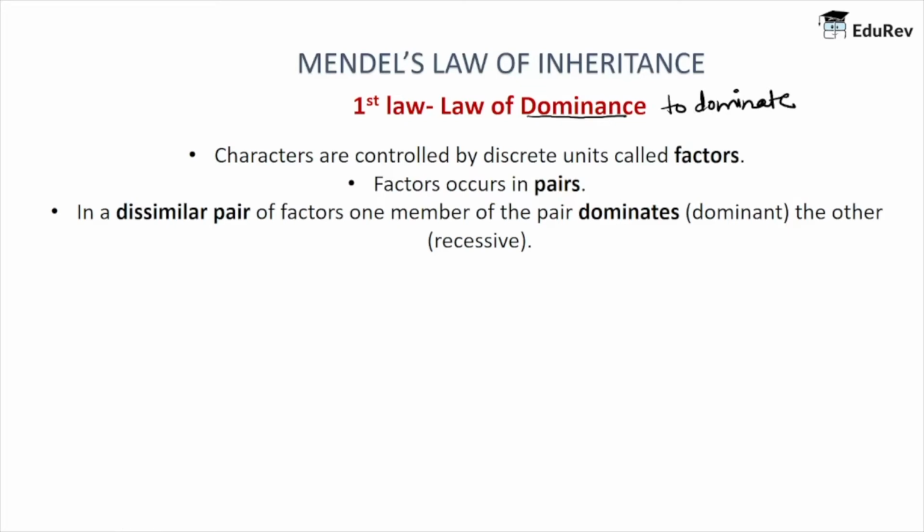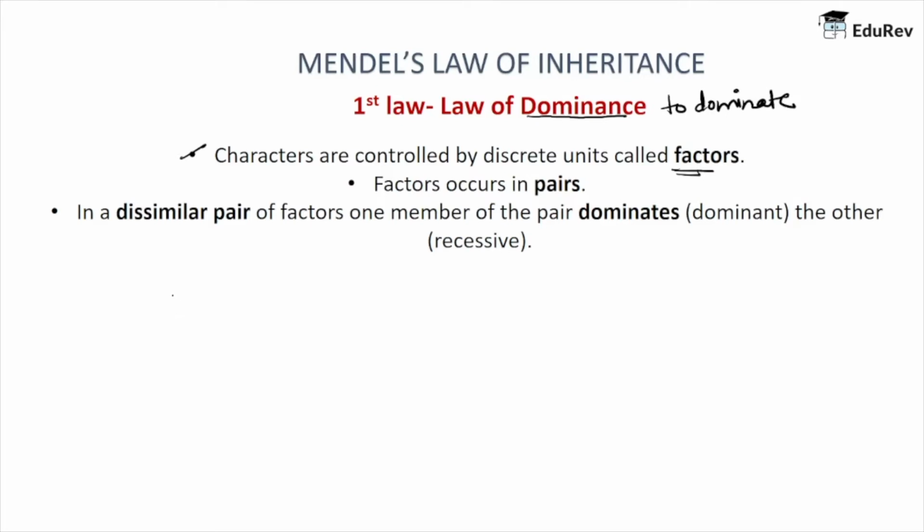But in the words of Mendel, the law of dominance says first of all that characters are controlled by discrete units called factors. What Mendel gave was not the term alleles, but he called those characters factors.